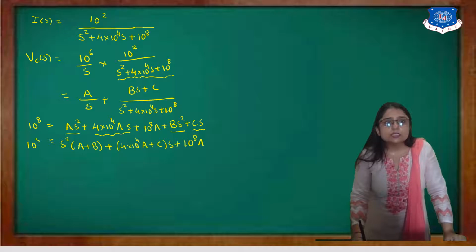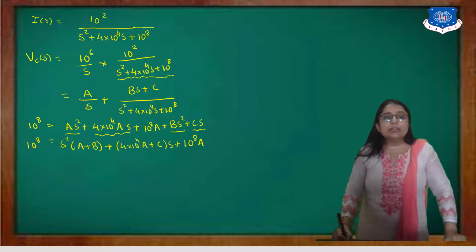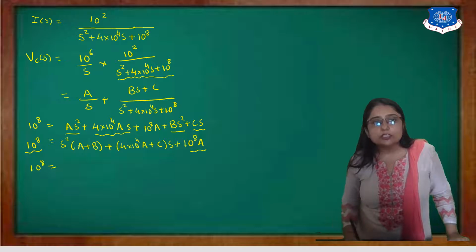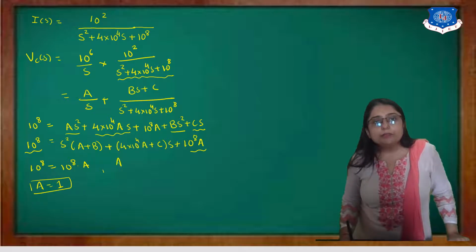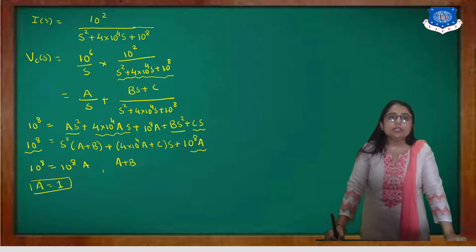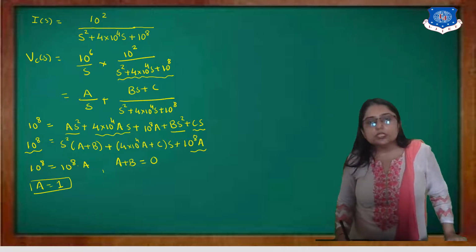Now you just compare the coefficients. See here, the 10 raised to 8, and here we have 10 raised to 8 into A. So the value of A will become 1. Here A plus B, on the right hand side, but on the left hand side we do not have any term related to S square. So A plus B equals 0.